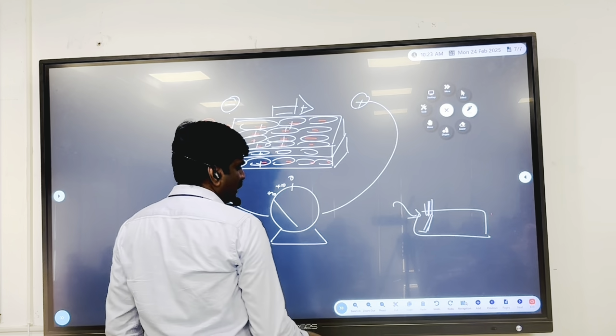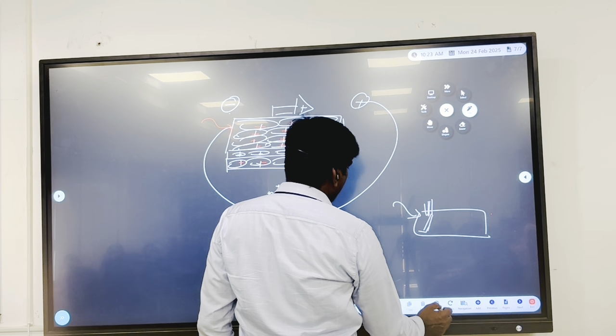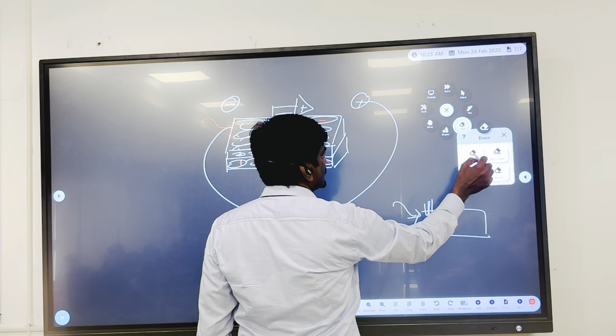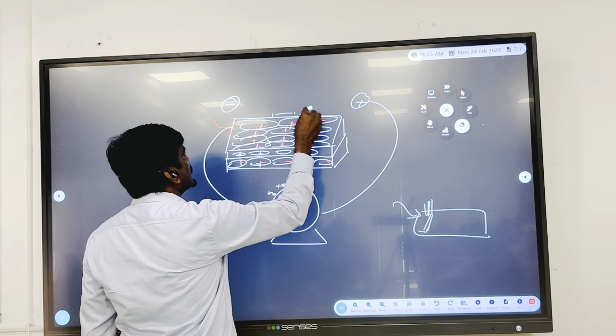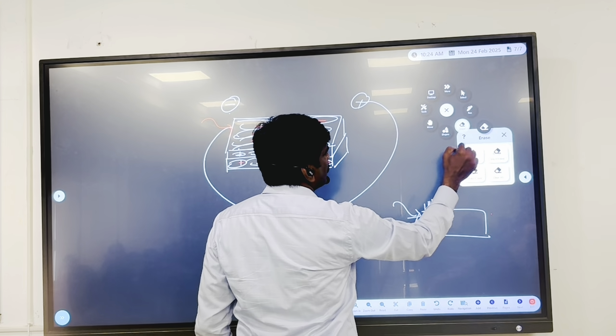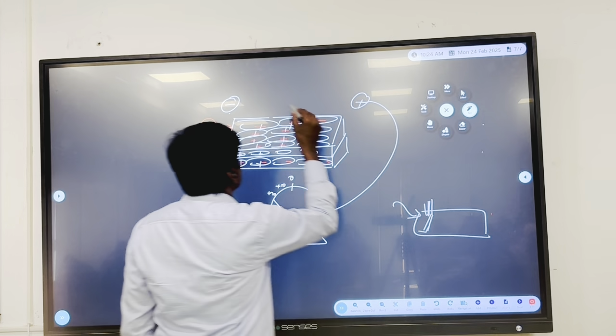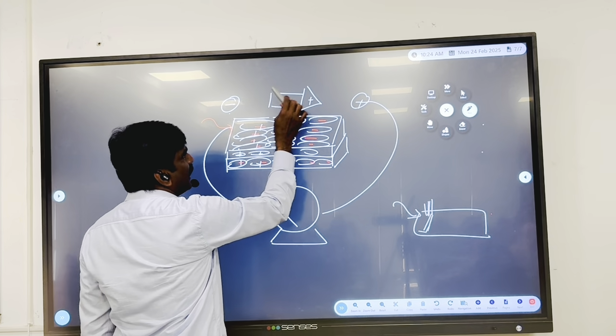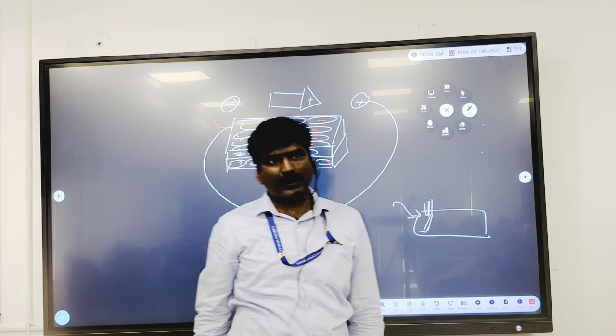Vector is directly proportional to the strength of the electromagnetic field. See, I have drawn a large vector now.